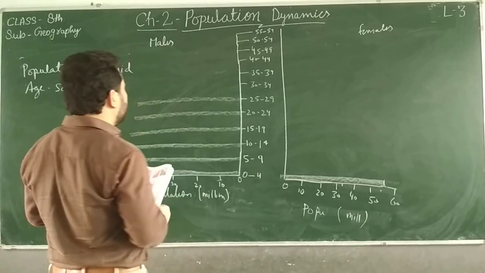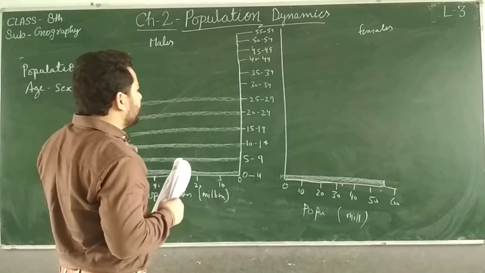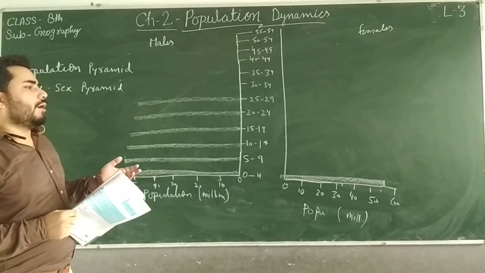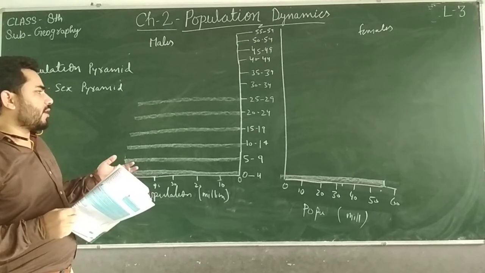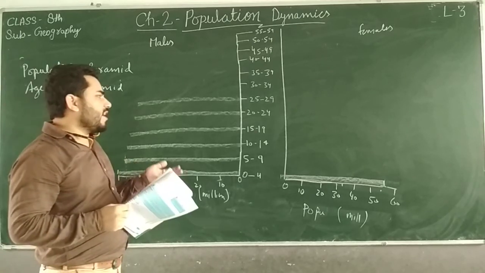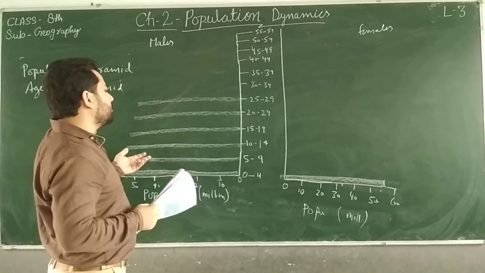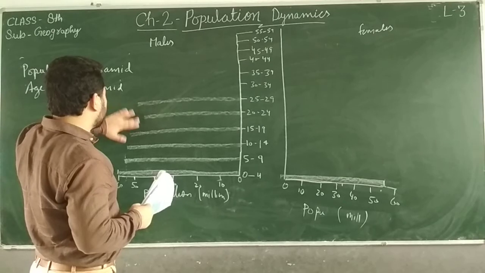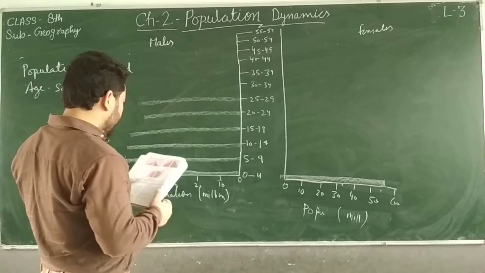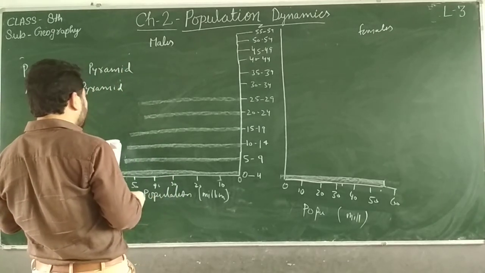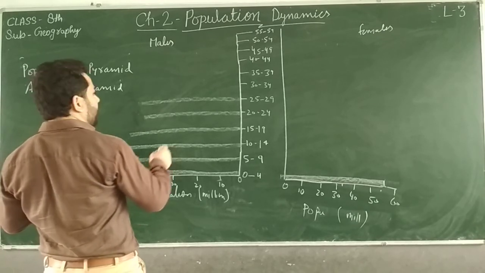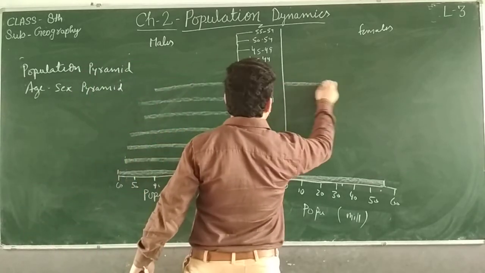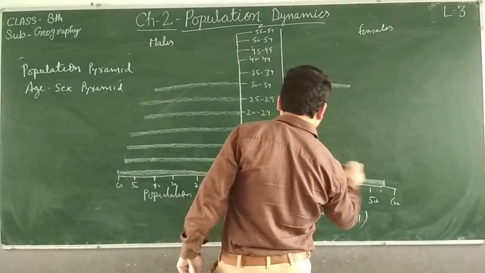And then some may die at a young age, when they are able to drive cars and all these things, and accidents take place. So their population will get reduced this way. Then if most of the people are dying afterwards at the age of 30, 35, like this, here also this way.